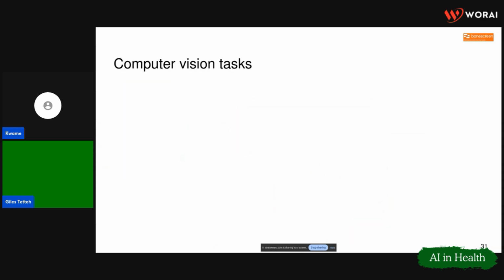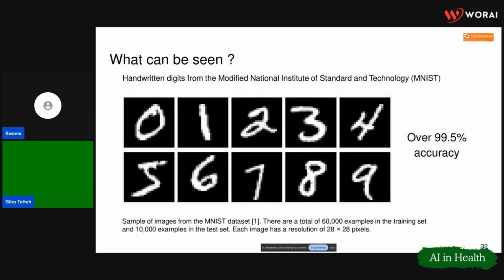Now we look at some examples of computer vision tasks, right? Maybe it gets a bit interesting moving from here. One of the oldest tasks is the handwritten digit prediction by the National Institute of Standards and Technology. Here we have images of numbers from 0 to 9, which were handwritten by people, and the task is to predict which number is in there.